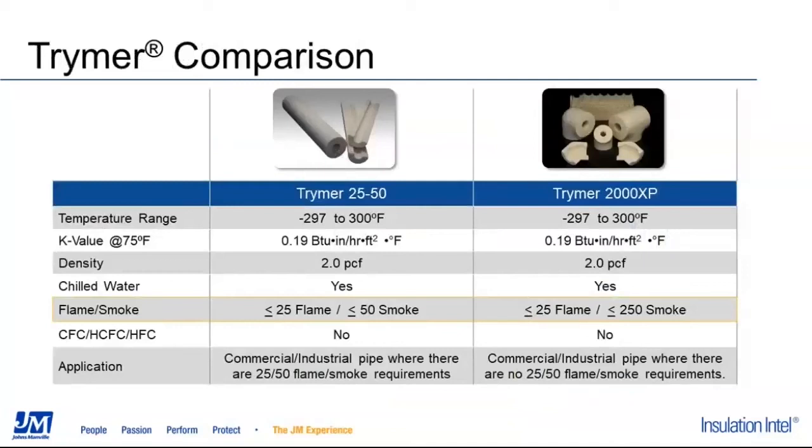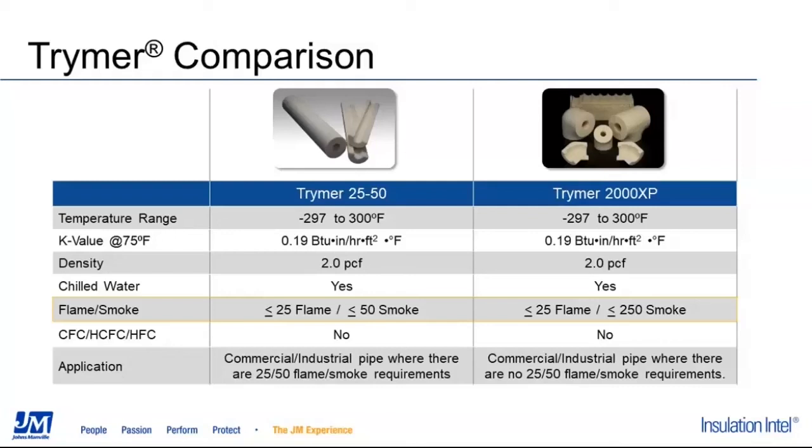The only thing we would recommend is discussing the technical concerns around liquefying oxygen below negative 297 degrees. The K value is 0.19 for both products. They come in a density of 2 pounds. And of course, both can be used on chilled water systems. So far, everything is the same between the two products.